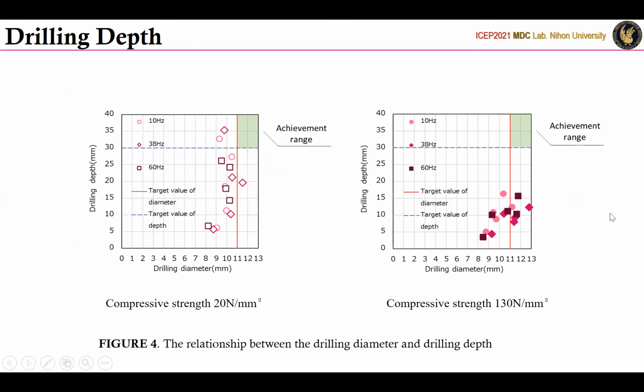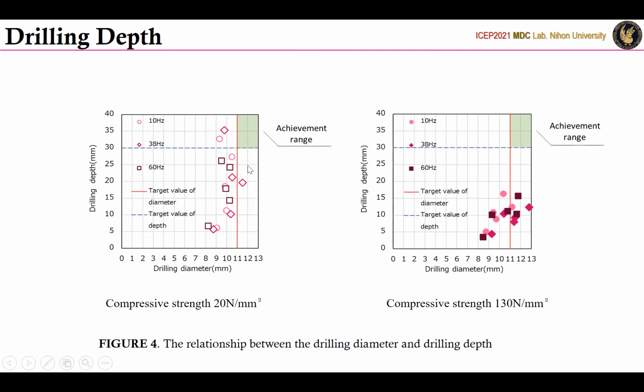Next, the relationship between the drilling diameter and the drilling depth. This graph indicates it is impossible to exceed the target in this laser condition. This area is the achievement range, even though some conditions exceed each target.